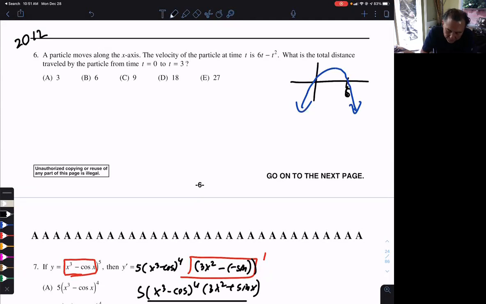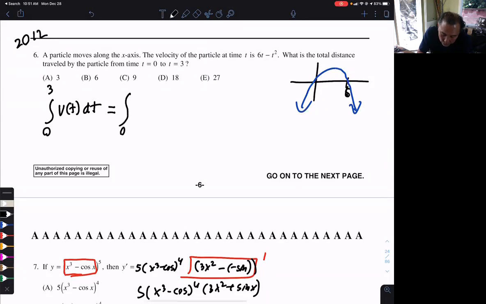So let me show you. You would integrate the velocity from 0 to 3, and that will give you, in this case, the total distance and displacement, and I'll just kind of remind you why. So the antiderivative of velocity is position. I will explain that.